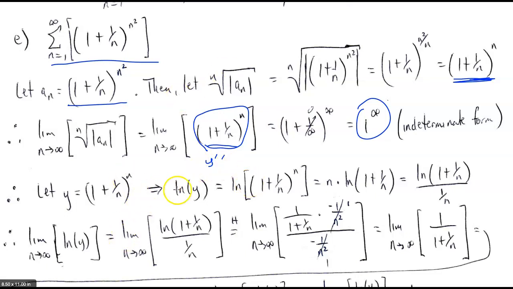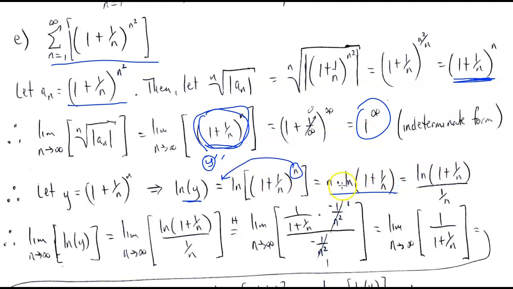So here we have natural log of y. So basically natural log of this side equals natural log of that side of that equation. And per our logarithm properties, we can take this in, pull it out in front.